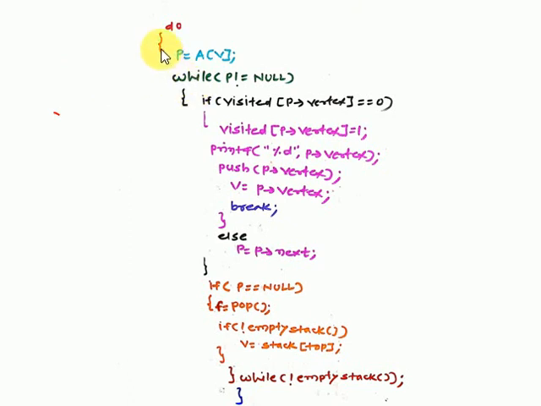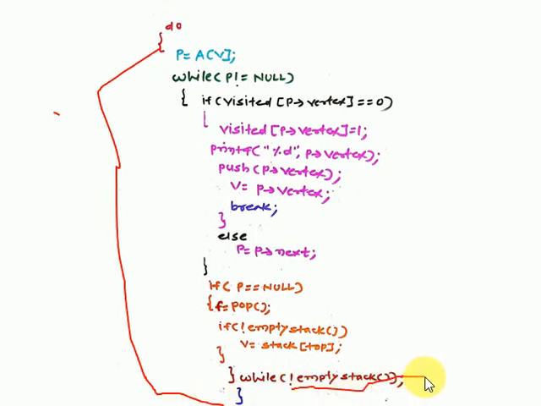Then here we are using a do while loop. So we keep processing till our stack becomes empty. First of all, we'll take the first adjacent vertex to vertex V, and that node is pointed to by P. I'll keep on traversing till P is not null.